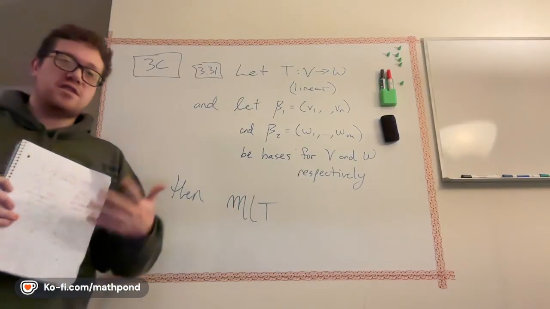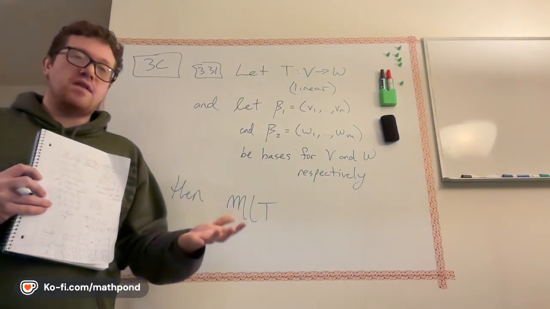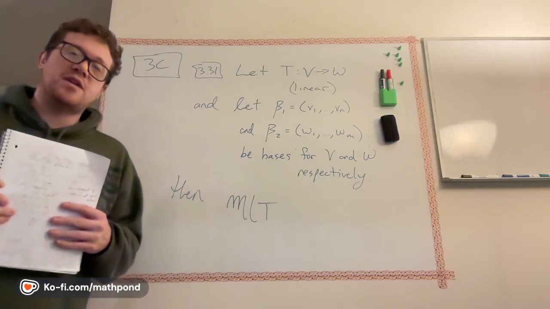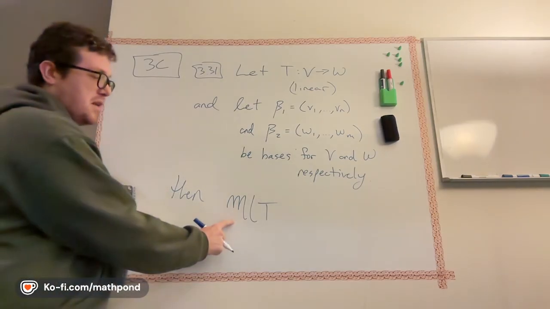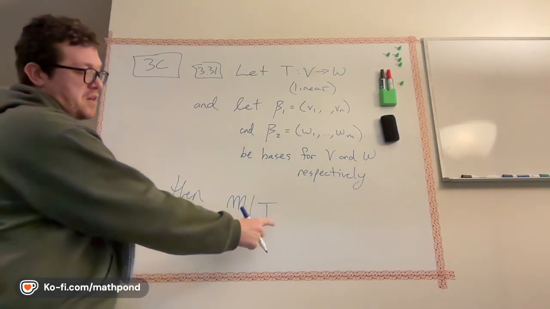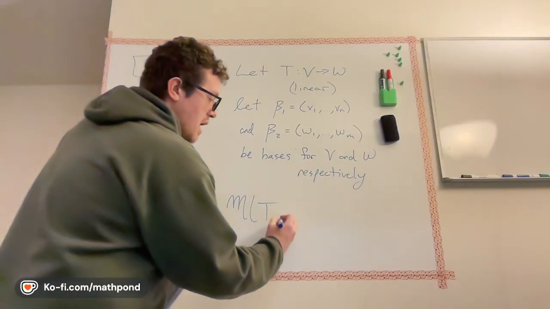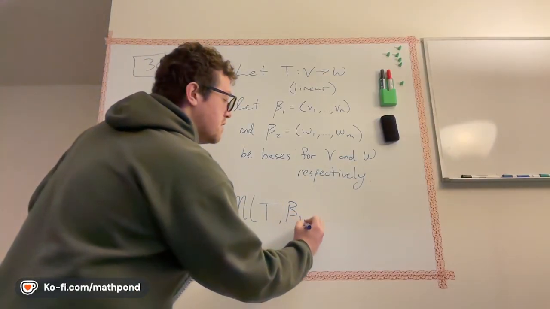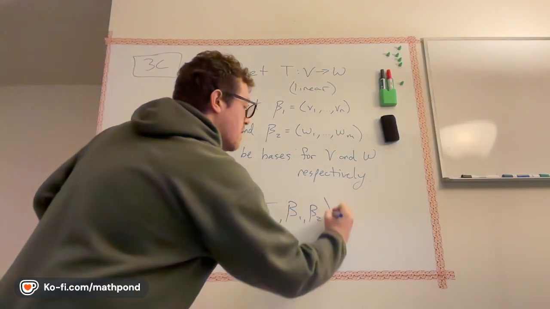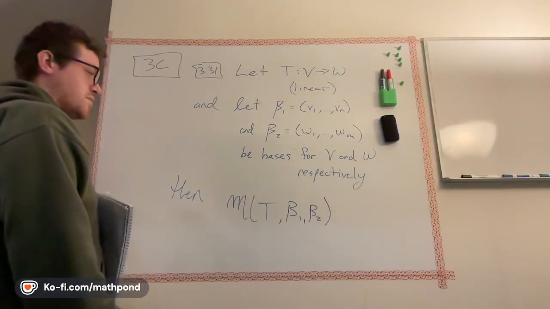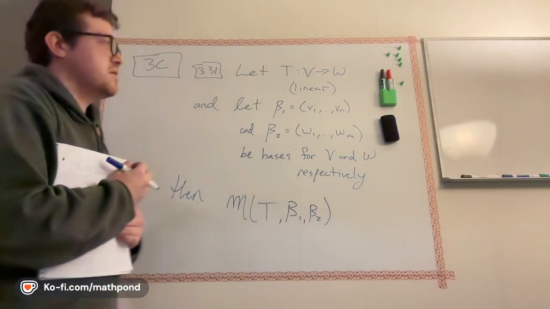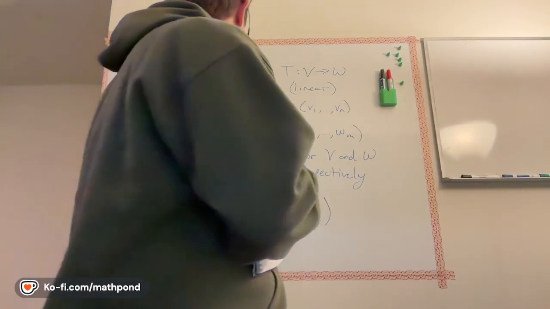So it's really storing all of the important information about the transformation. It says the definition is that the matrix of the transformation T with respect to these two bases. Maybe I should, hold on, it's a bad spot for this.